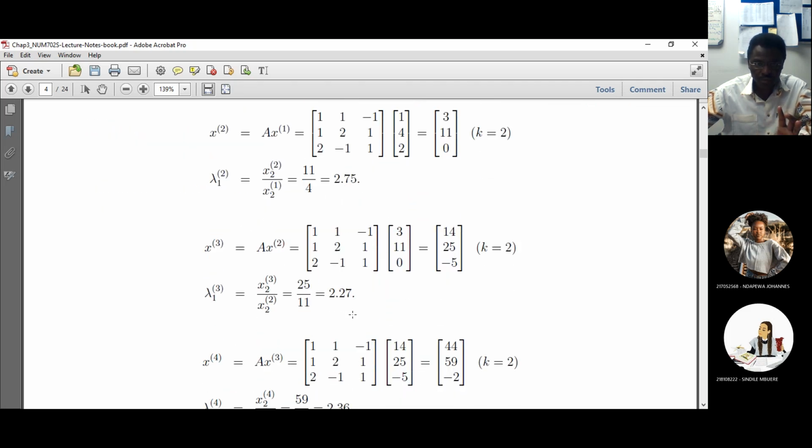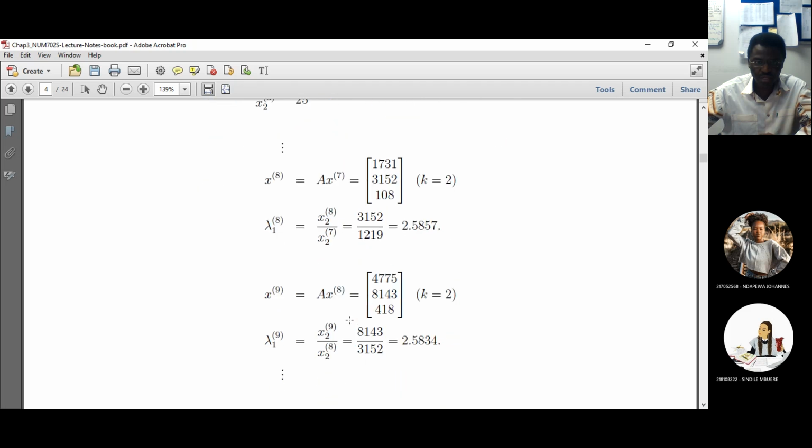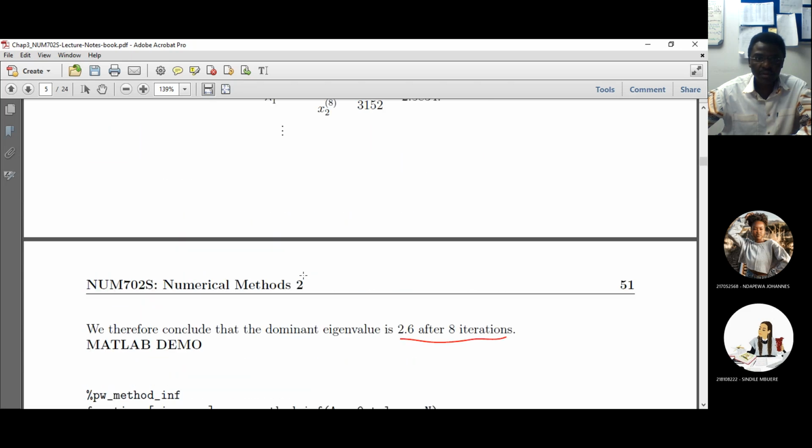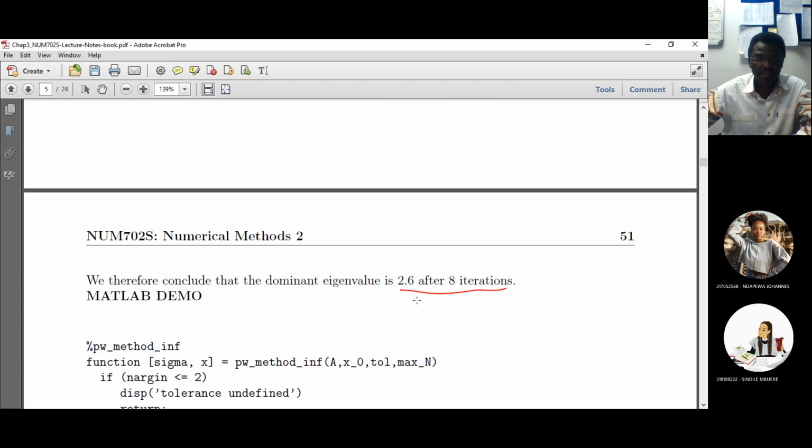So we proceed, and you see it will be converging towards 2.5, or 2.6 after that iteration. So that is the dominant eigenvalue. And if you take MATLAB and run, you see that the dominant eigenvalue will be 2.6, approximately.